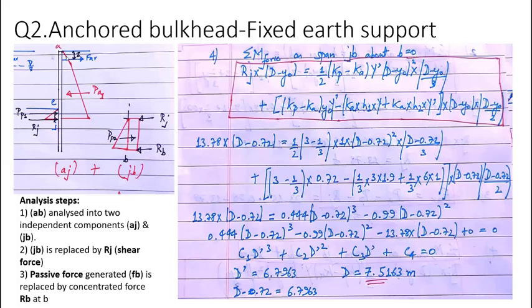And the above pressure, up to the water table, is Ka H1 gamma dry unit weight plus Ka, below the water table, H2 gamma dash, into the lever arm distance D minus Y0, and the centroid acts at half this lever arm, so D minus Y0 by 2. We have earlier calculated the shear force RJ as 13.78. Kp, Ka, Y0, all we know, so we can put them in and find out the embedment depth.